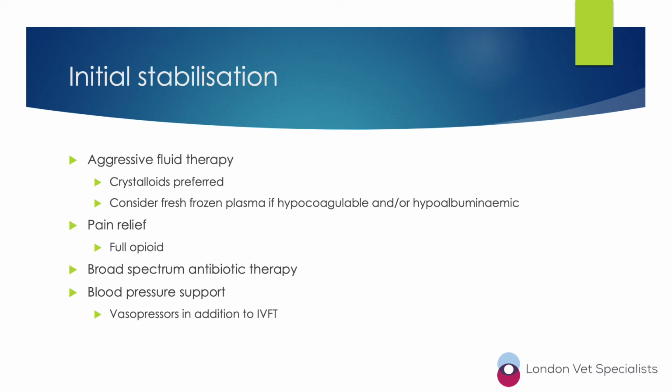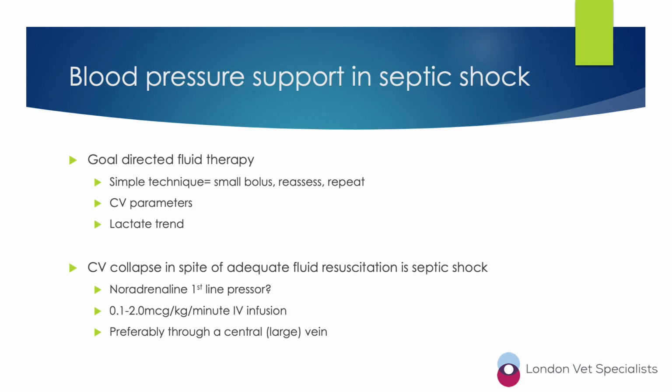In terms of blood pressure support, in addition to your intravenous fluid therapy, often these patients require vasopressor therapy to maintain a normal blood pressure, because they tend to have very poorly responsive vasculature caused by the sepsis. So in terms of goal-directed fluid therapy, we want to give small boluses, assess what effect they've had, and repeat them if necessary.